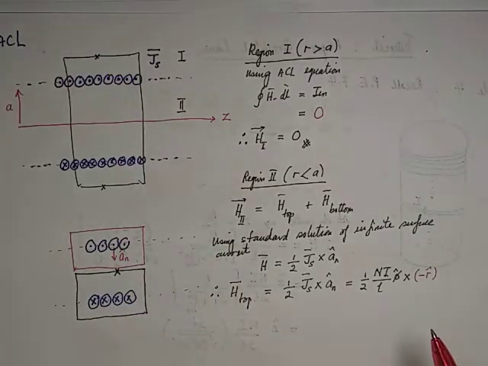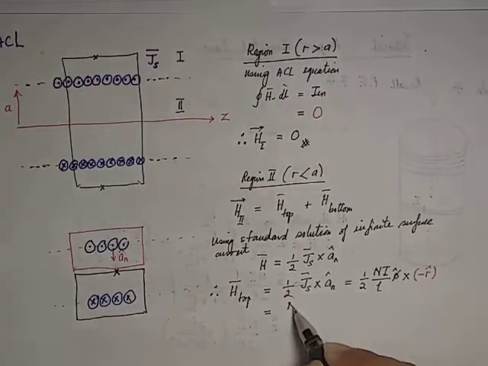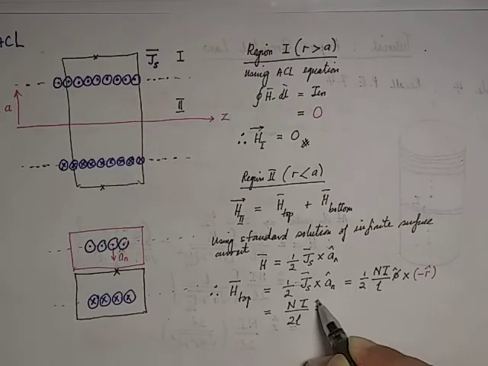So what should be the solution for the cross vector, unit vector phi cross negative r? Okay, phi cross negative r, yes, it should be z. So therefore, the solution will be equal to NI over 2L in z direction.